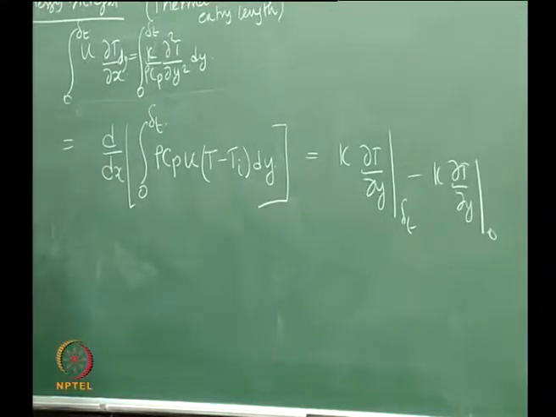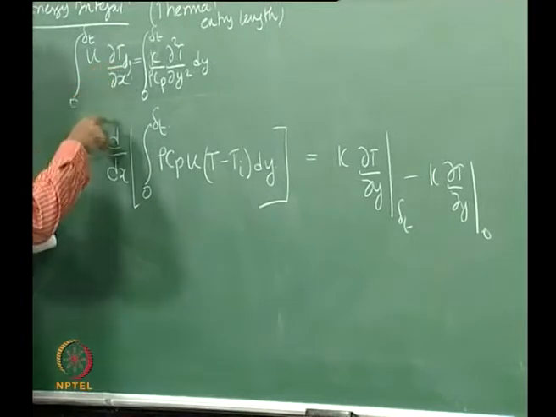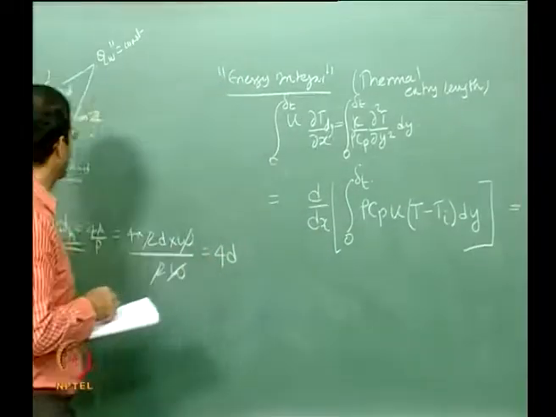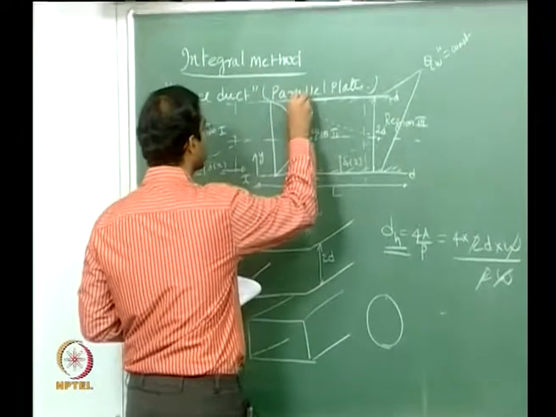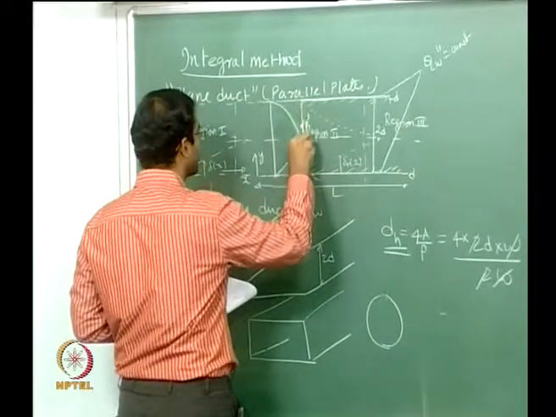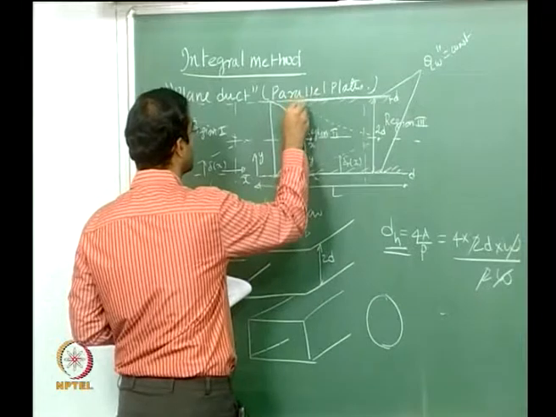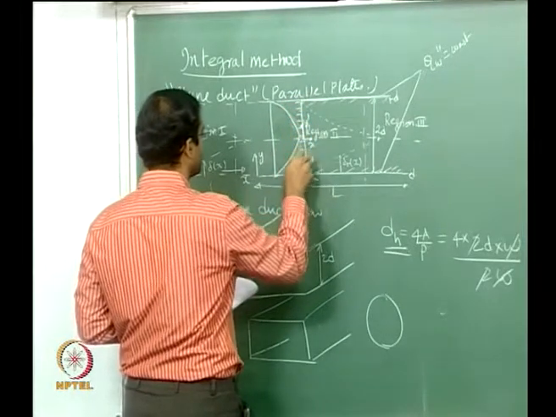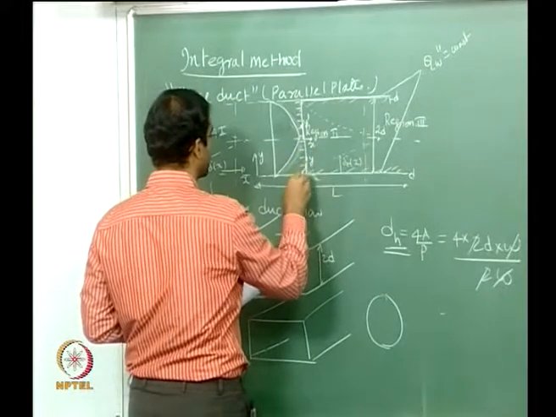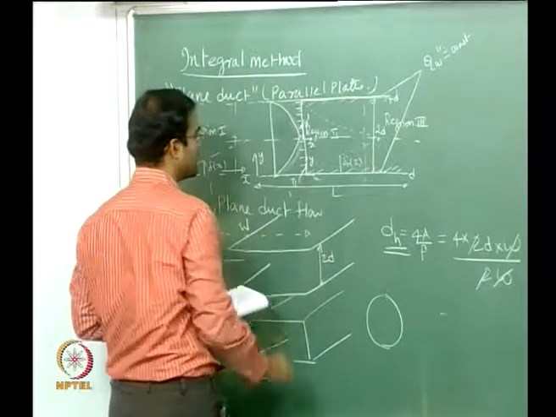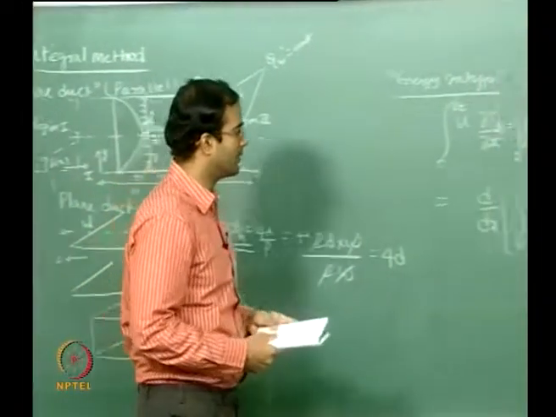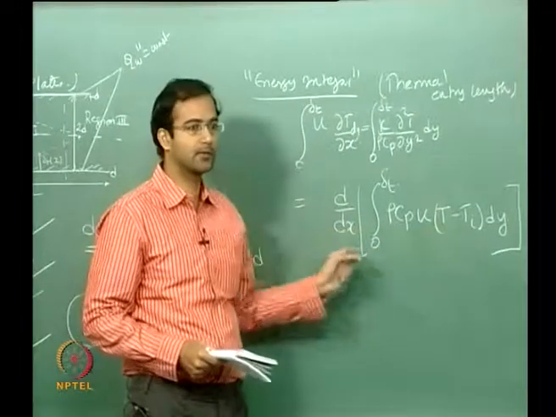I have just introduced T minus Ti on both the sides because Ti is the inlet temperature. You can assume that the temperature profile at x equal to 0 is uniform, and this temperature is basically Ti. So there is no harm in just introducing Ti into the derivative.